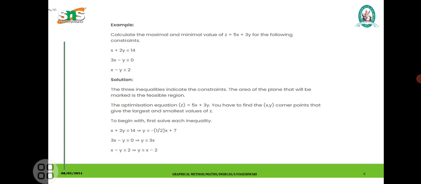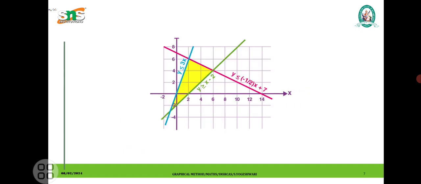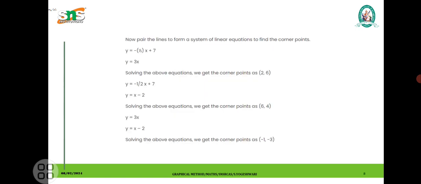So make the graph for the solutions. These three lines are extracted from the three equations. Make the points and draw the graph. So here the yellow marked area is the feasible region.